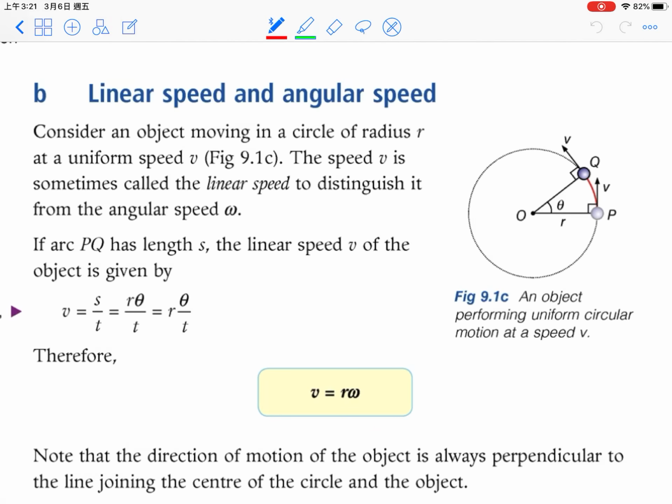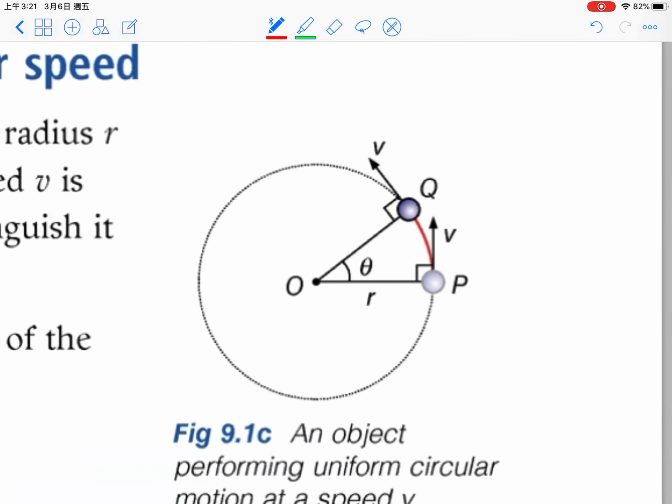Let me introduce another term, linear speed. Consider the object moving in a circle of radius r at uniform, constant speed v. This speed v is called linear speed. 佢個線速度 is different from angular speed.